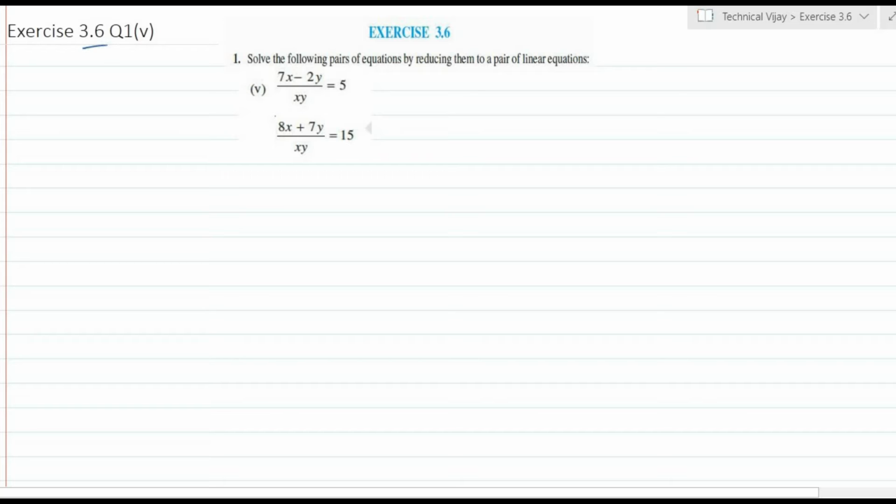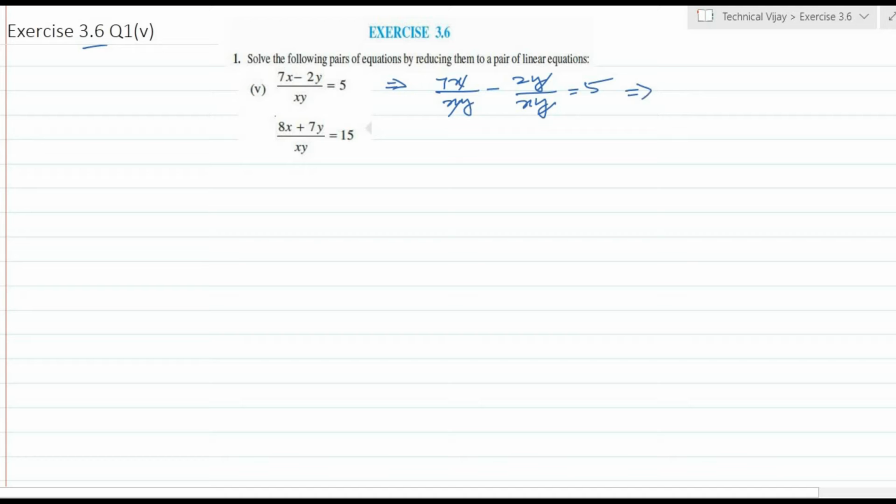So this is 3.6, question number 1 in the fifth portion. Here you observe this one, (7x minus 2y) divided by xy is equal to 5. This can be written as 7x divided by xy minus 2y divided by xy is equal to 5. Here x gets cancelled, y gets cancelled.